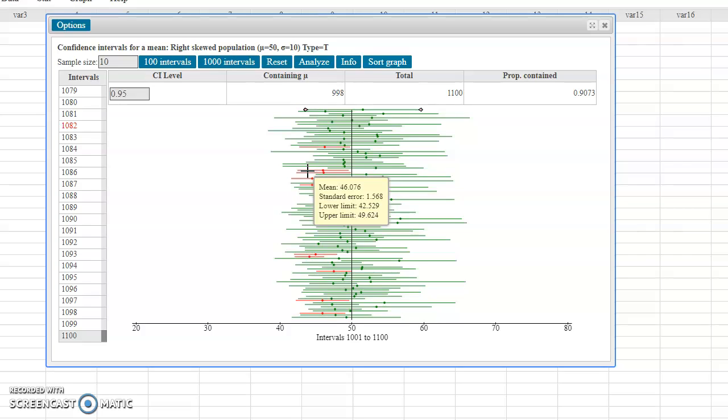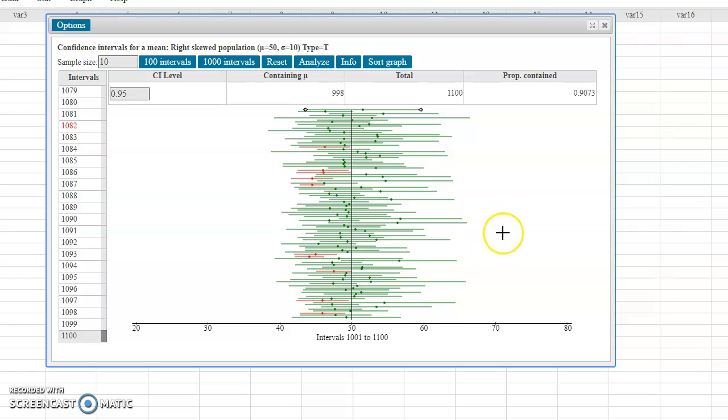Like if we look at this red one here, the upper limit is 94.624 and the lower limit is 42.2529. That one does not contain 50.